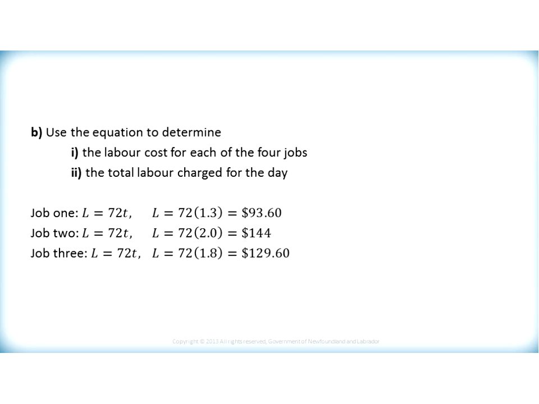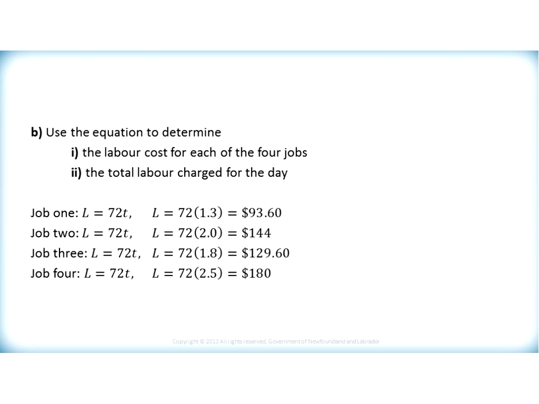In job 3, we have a 1.8-hour job. So the amount of labor cost that he charges is 72 times 1.8, or $129.60. And for job 4, it's a 2.5-hour job. So he's going to charge $72 per hour times 2.5 hours, and that'll give him $180.